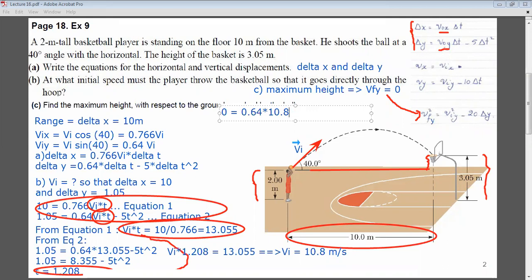So all of this squared, minus 20 delta Y. Okay, so with this, I'm calculating the distance from here to here, from where it left the guide. So this is delta Y I'm solving for now.